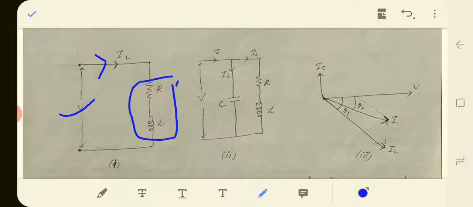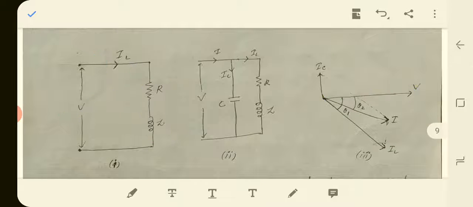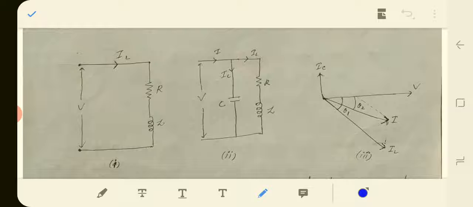This is the voltage phasor, and IL is the load current. When the capacitor is not connected, this current IL makes an angle phi 1, theta 1, from the voltage. That is, this current IL lags the voltage by theta 1 degrees.